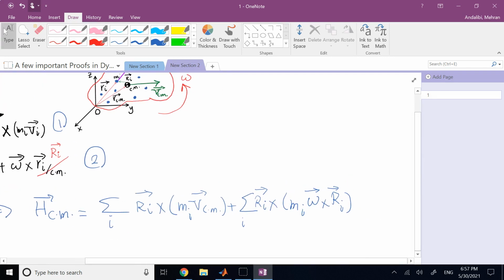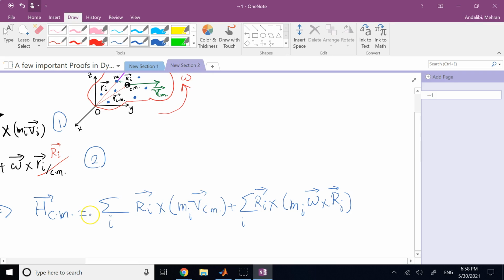Now, what can we do? First question is, what is this term here on the left? Here, VCM is a constant term, correct? This VCM is a constant term.